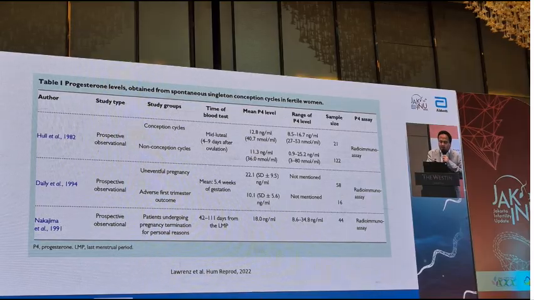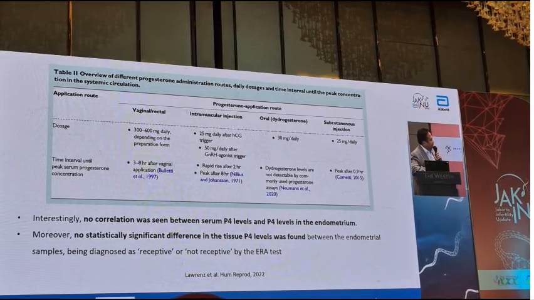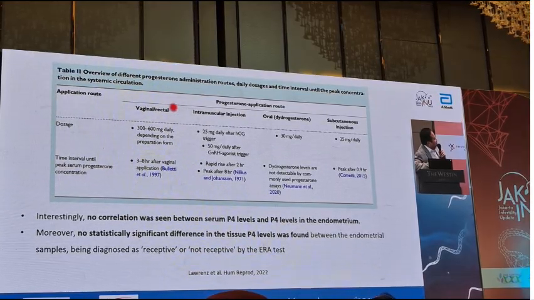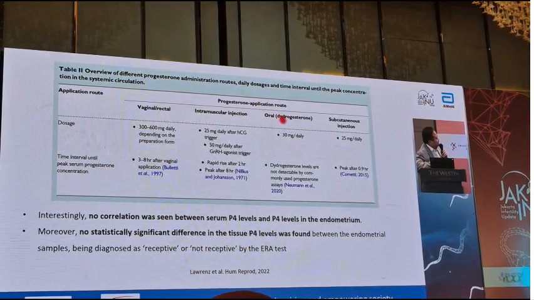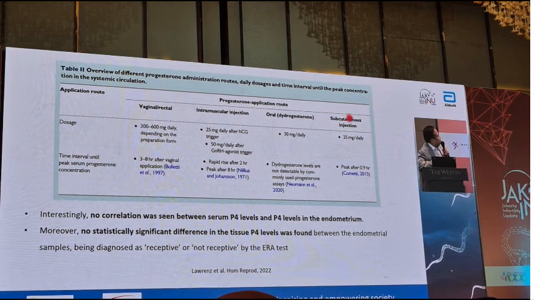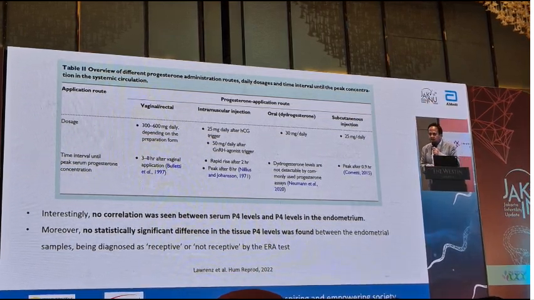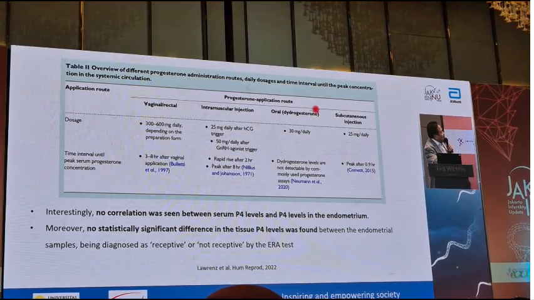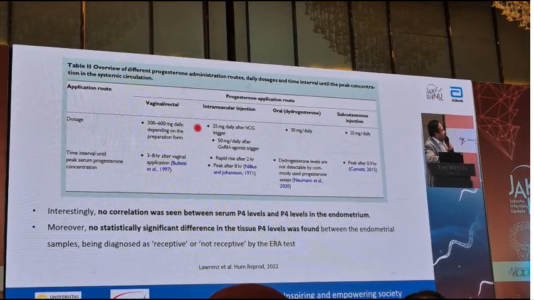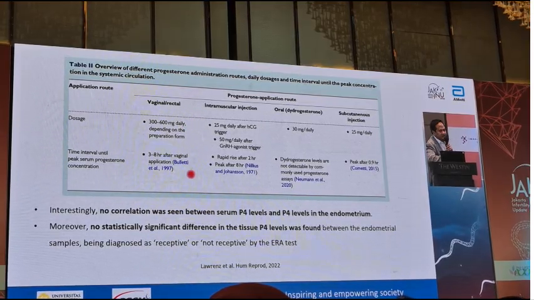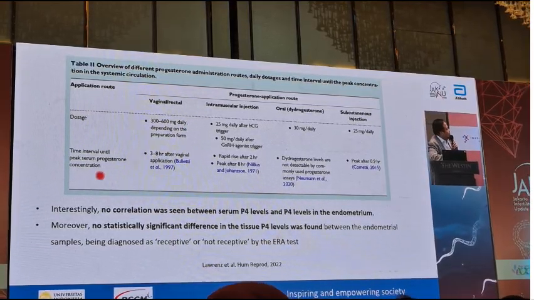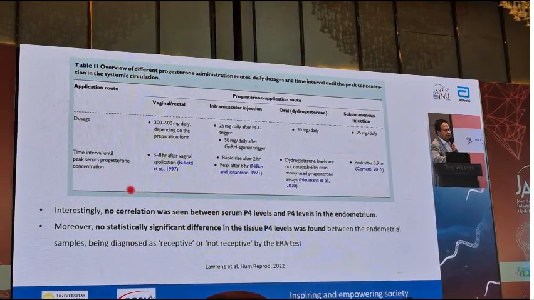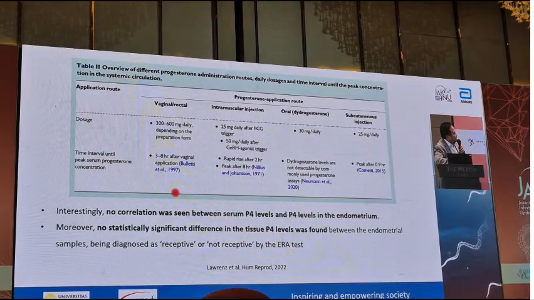I think before there was a question from the audience in the previous sessions. If we look at the different progesterone administration routes, daily doses and time interval until peak concentration in the systemic circulation, it is really different between every application route. For vaginal and rectal, for example, we use 300 to 600 milligrams daily, and the time until peak serum progesterone is 3 to 8 hours after vaginal application.